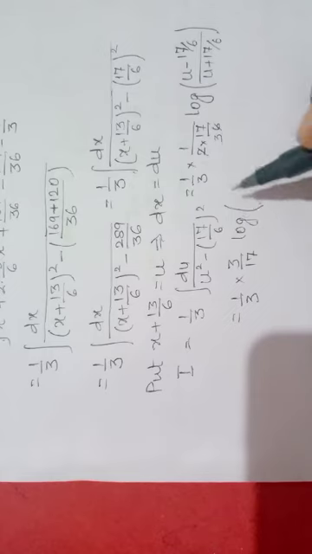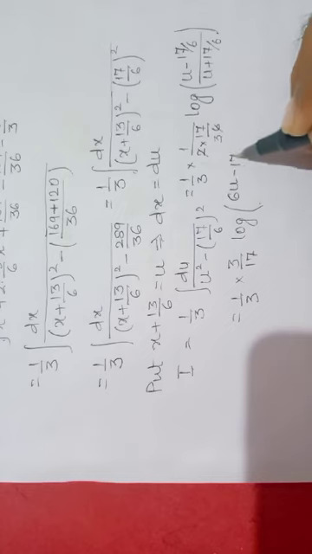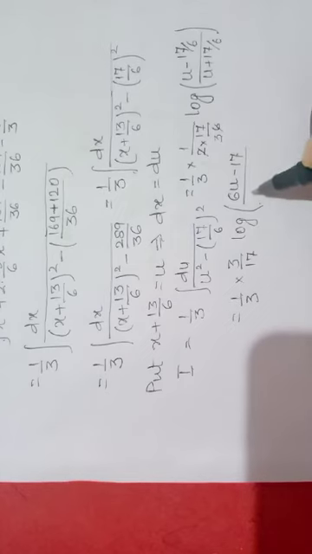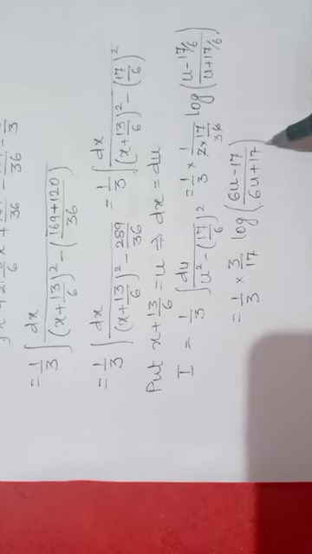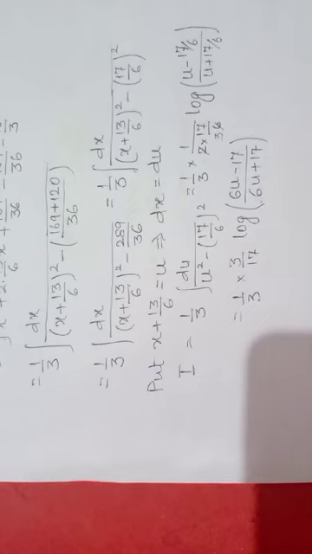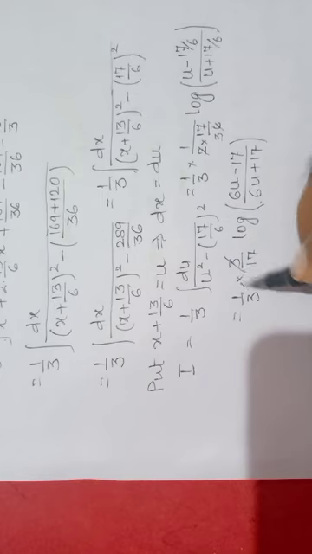So after taking LCM, it should be written as 6u minus 17 upon 6u plus 17. Now write down the value of u. We have considered u as x plus 13 by 6. So cancel first 3 and 3.